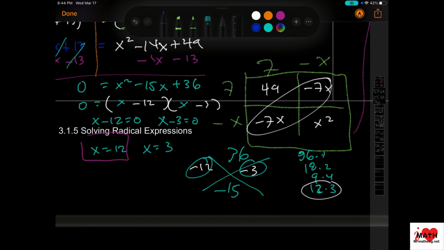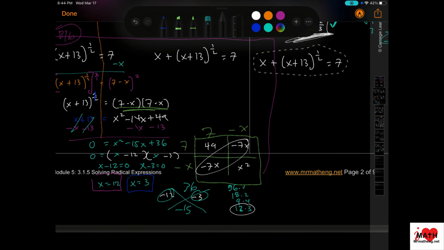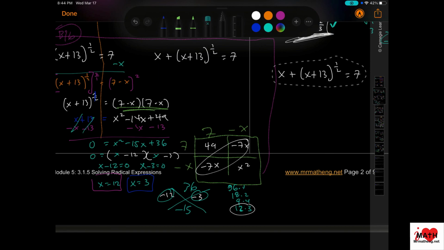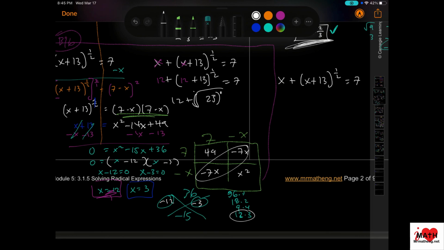Pink and blue. Ooh, we have 2 answers. Let's see if I can magic, come to me. Oh yeah, it's still there. That was exciting. X equals 12. Let's put it in there. So 12 and 12. 12 plus 25, and the 1/2 is basically, remember, like a square root with the index 2.